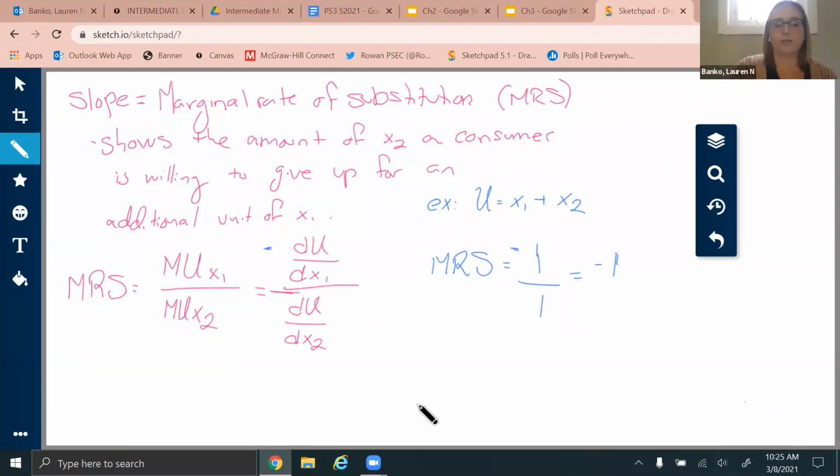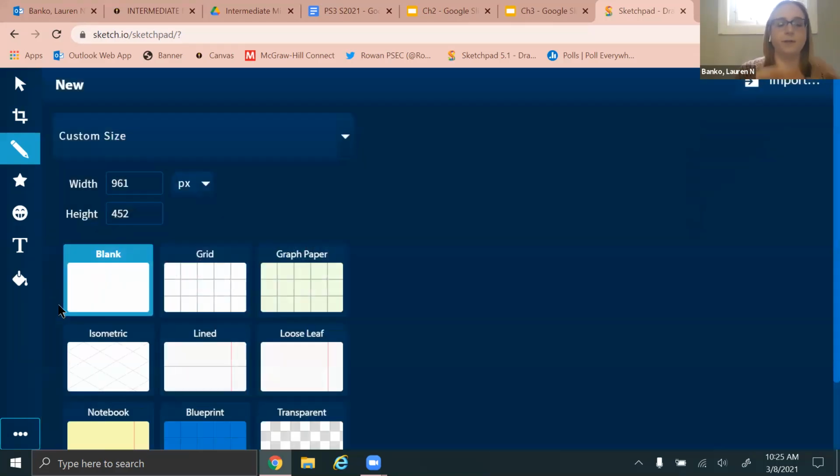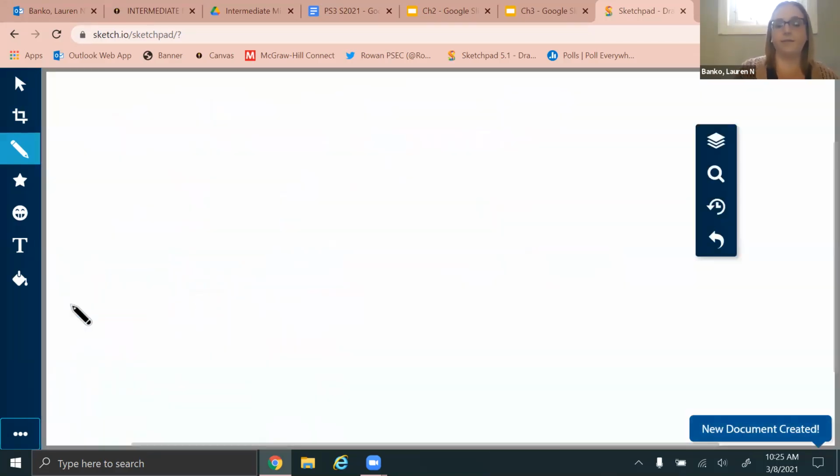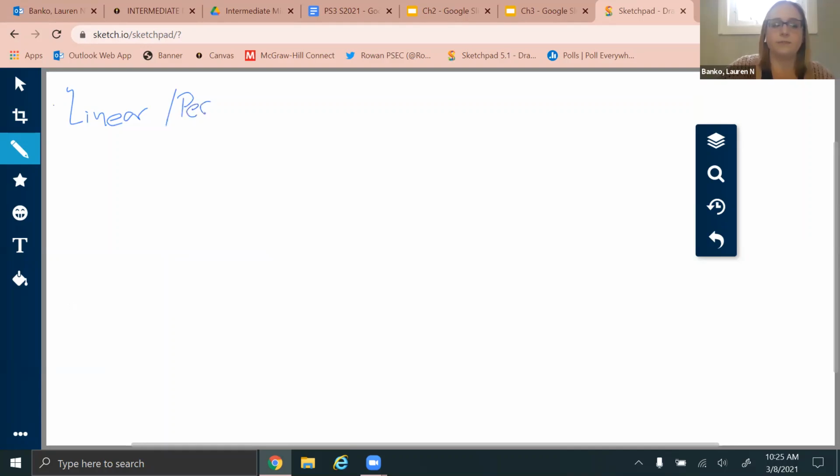Now, let me introduce you to the first type of function that we're going to talk about. Is everyone okay with this screen? Okay. I'm going to introduce you to the first functional type that we have, and that is known as linear or perfect substitutes.